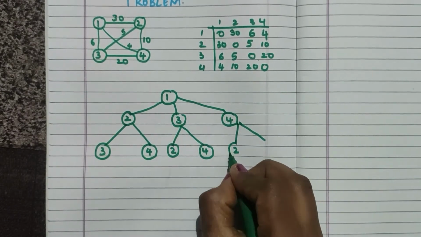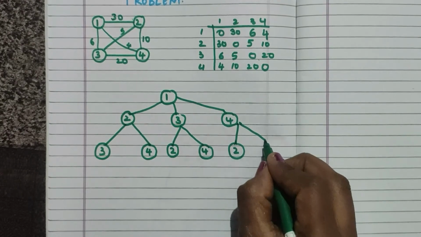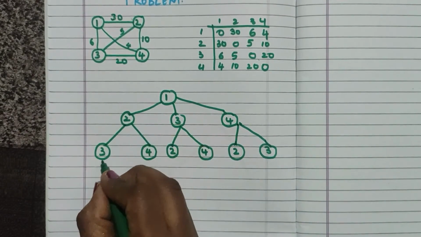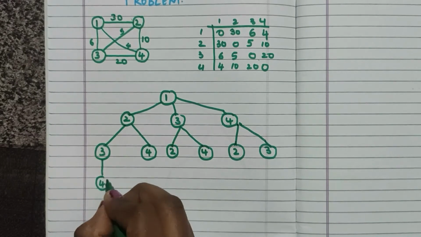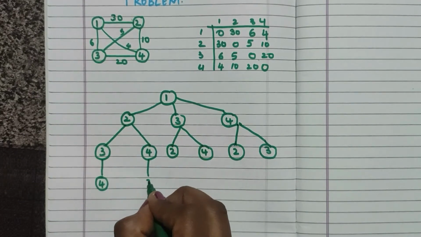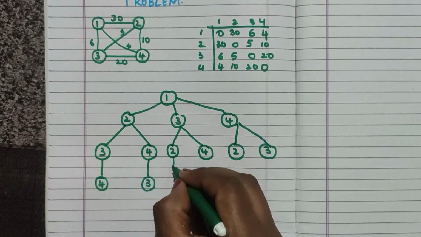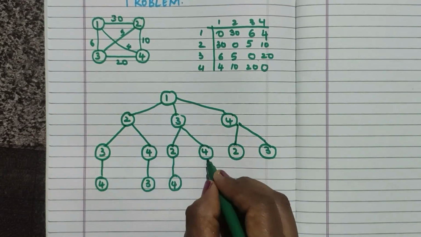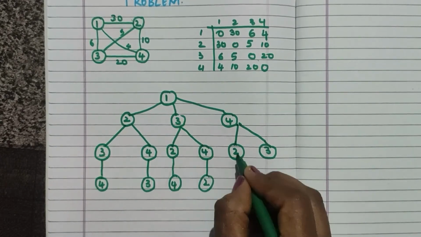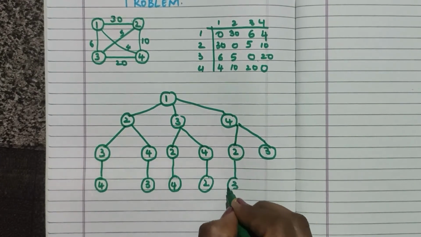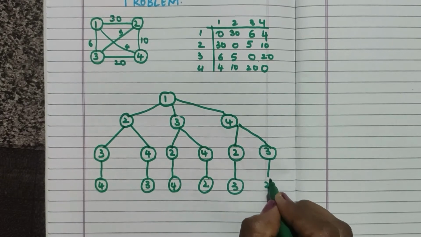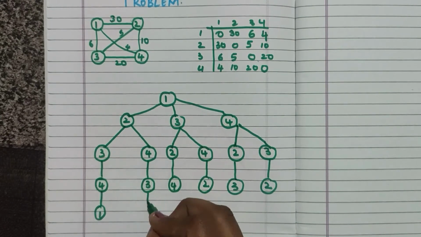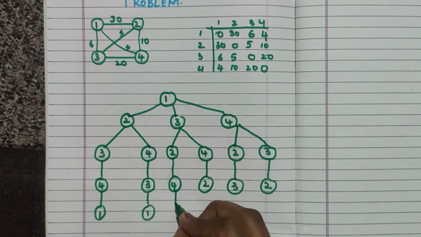So I'll be moving on to 2 and then to 3. Now 1, 2, 3 is done. So here 4, here 3, here you will have 4. 1, 3, 4, here you will be moving on to 2 and then here 3 and then here 2. Now after reaching all these nodes, you will be moving on to the source again. So all will have the same thing.